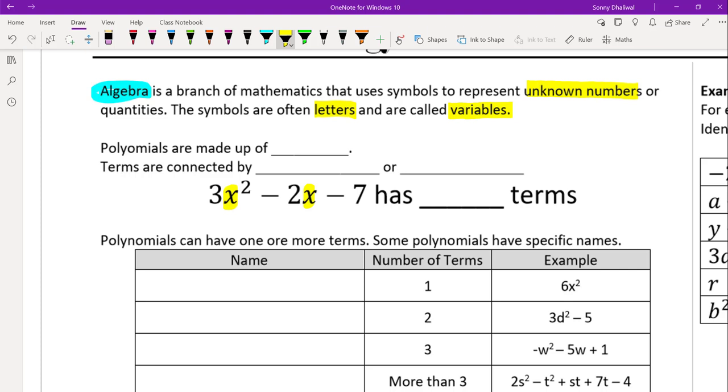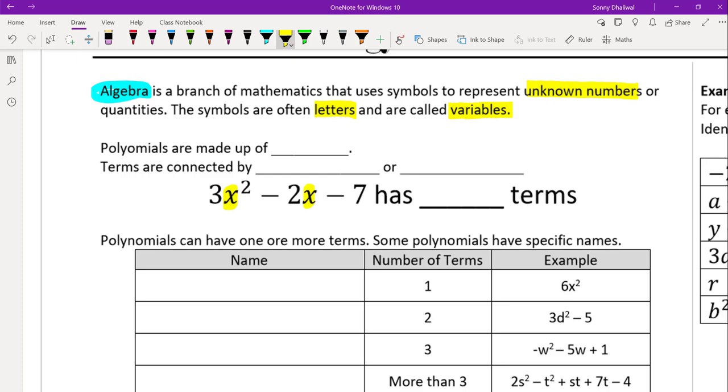Okay? So the goal for today's lesson is, hey, we're given expressions like this. We want to be able to come up with their names, right? And be able to state their degrees. Right? And the degree helps tell you what the graph looks like. So this way we can communicate about different kinds of algebraic expressions. All right?